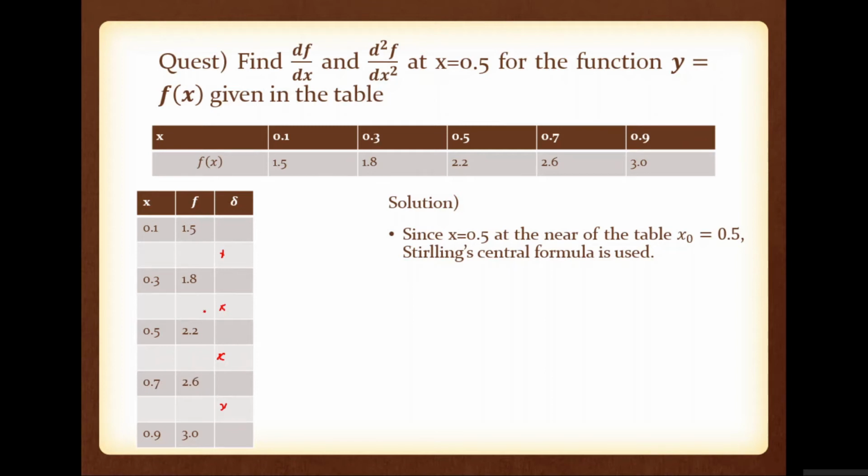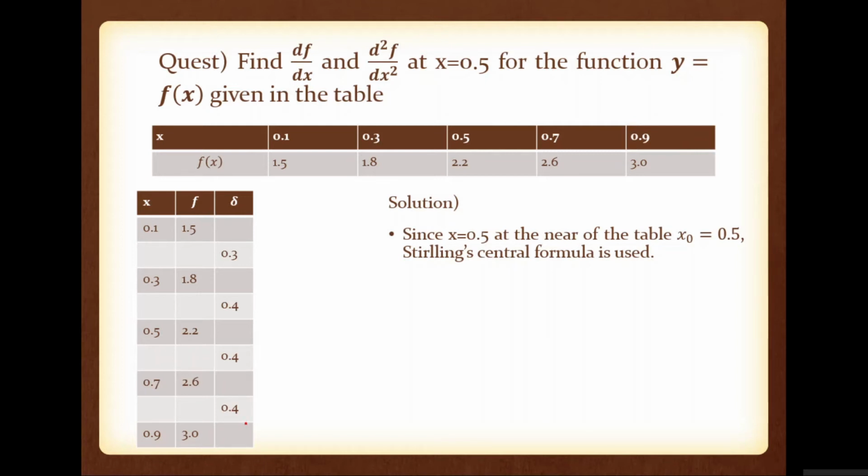So we have 0.3, 0.4, 0.4, 0.4. So these are the theta values. Now by using this first order theta column, we have to find the second order column, that is the theta square column.